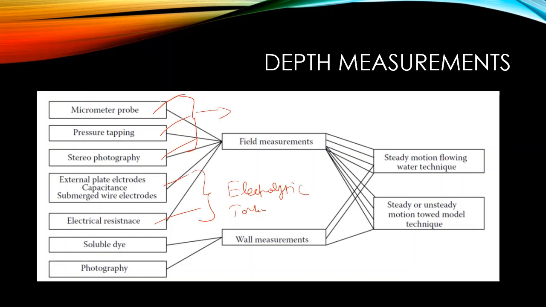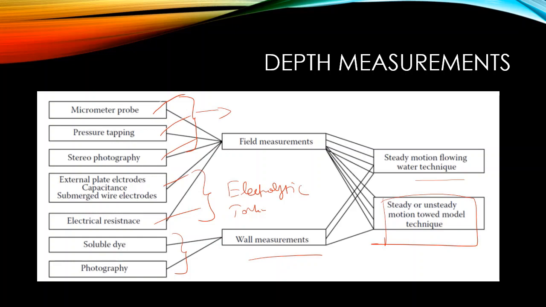These three devices. Then for all steady motion, there is the flowing water technique, field measurements, and then we have soluble dye and photographing methods for all pressure measurements, especially in steady or unsteady motion towed models.